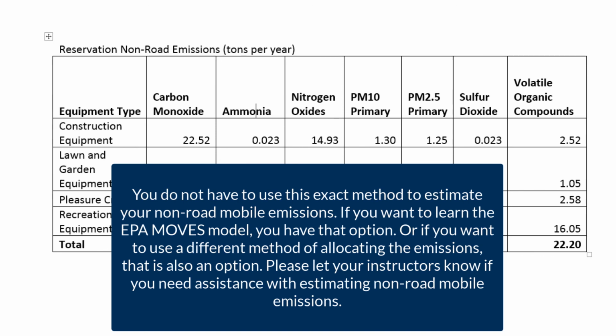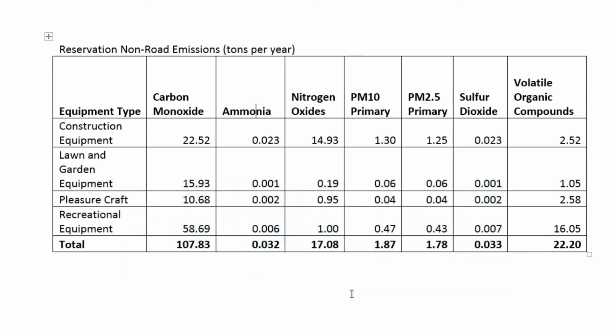That's one option that's going to give you very accurate emissions. It's a little bit more complicated than this method, but that's out there for you if you want to learn how to use that model. We're also available to provide guidance on estimating your non-road emissions. Just let us know if you need assistance with that.